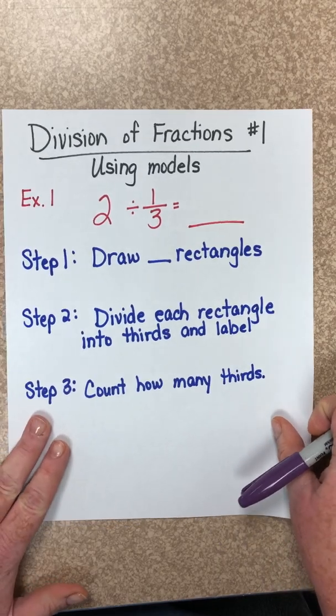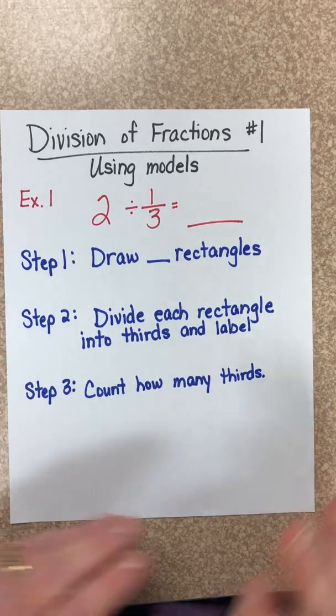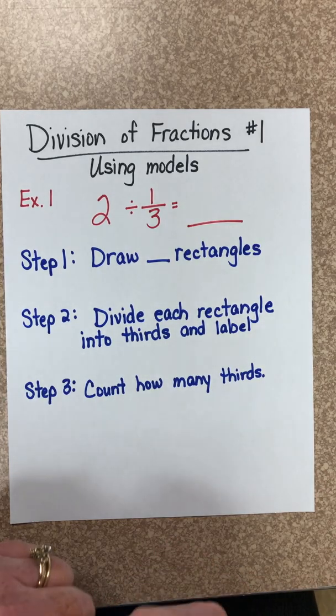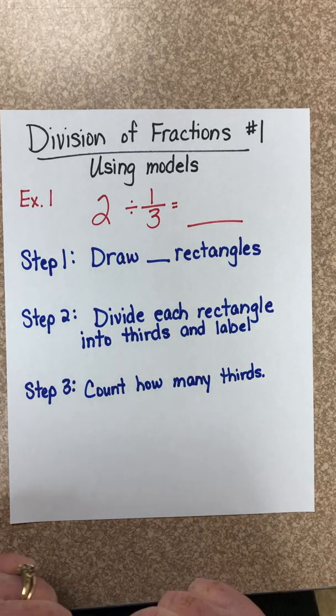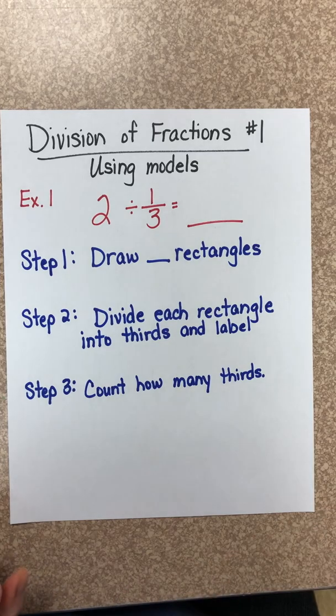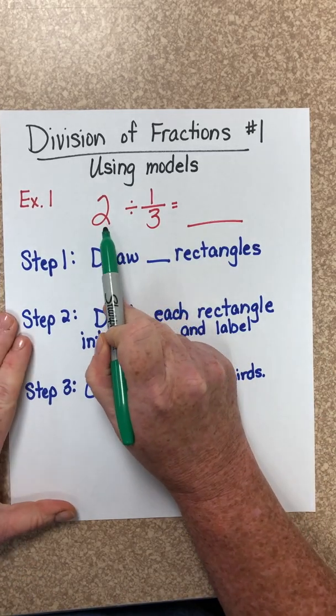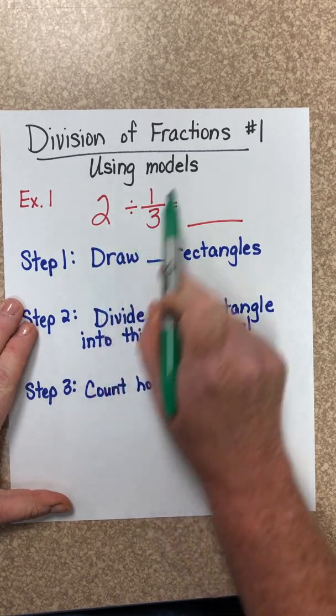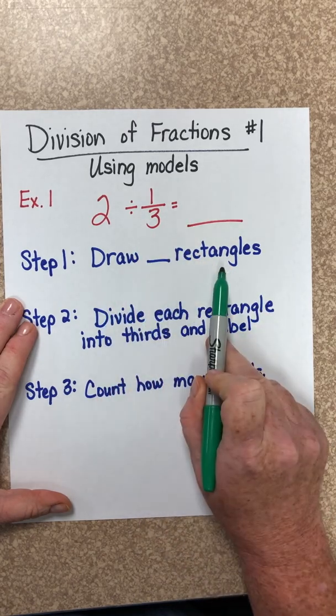Let's look at an example. The example is 2 divided by 1/3 equals what? So in this lesson, I'm showing you step by step what to do to get to the answer using models. So let's begin. 2 is the whole number. Again, it's the dividend. But in the first step, using models, we're going to draw rectangles.